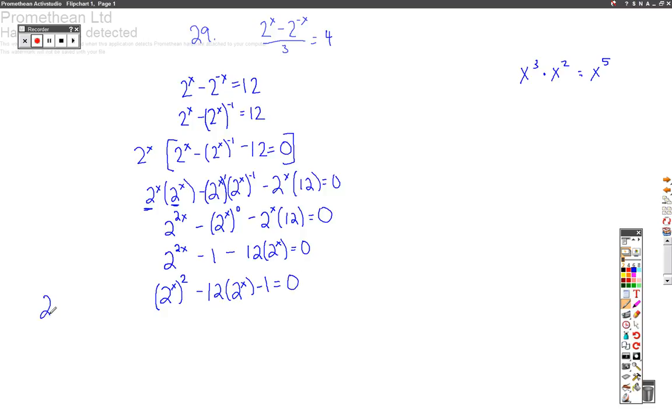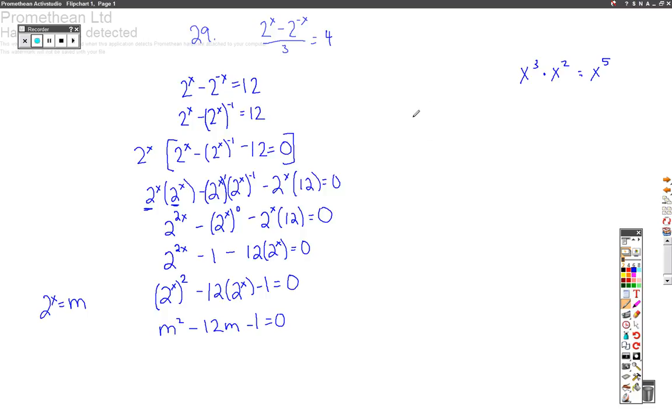Now what I'm going to say is 2 to the x is like m. So what I have here is m squared minus 12m minus 1 is equal to 0. Ideally I would want to factor this, but it doesn't factor.